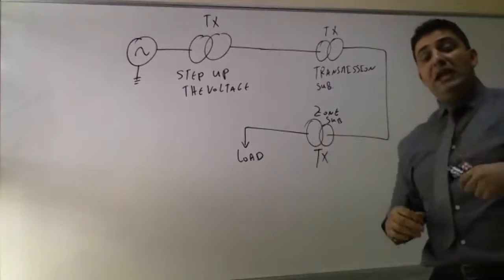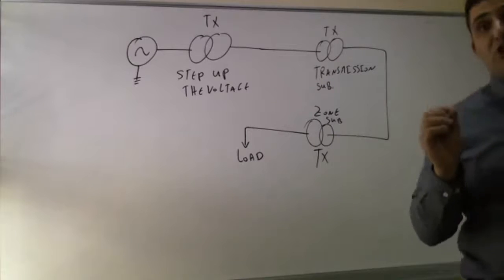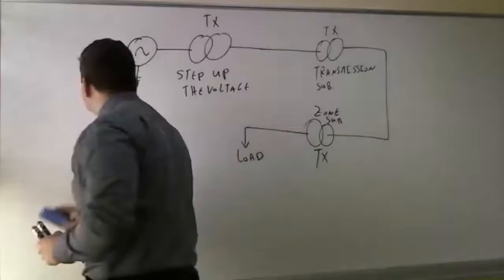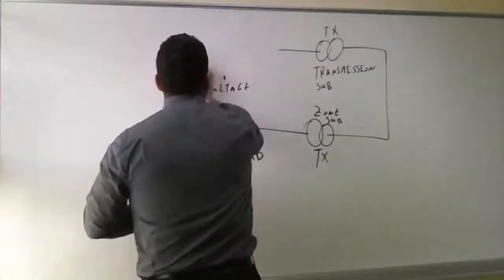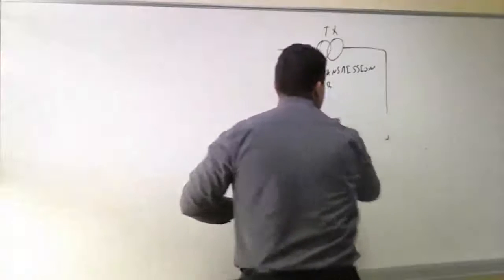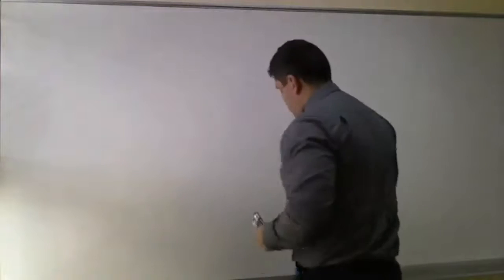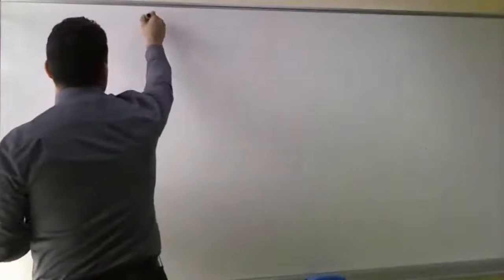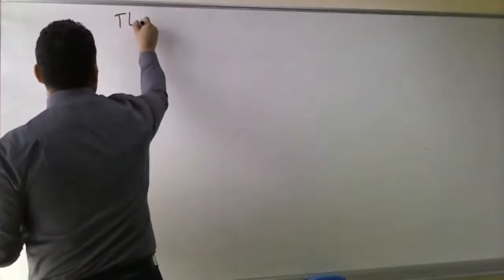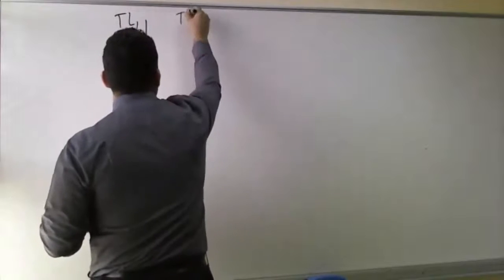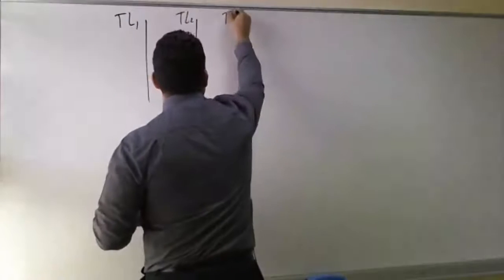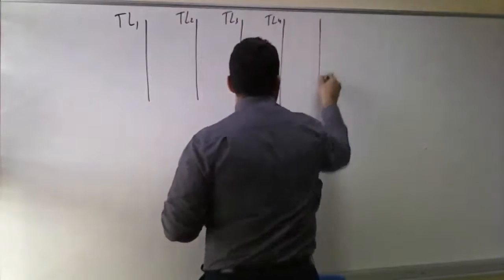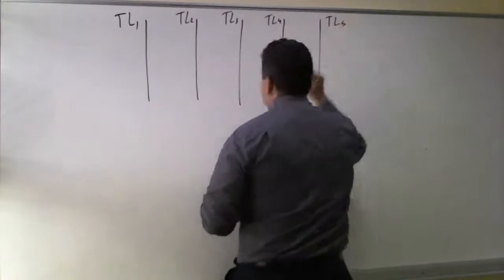Now, to show you an additional element why the transformer is very important is the following. I could have transmission line 1. This is transmission line 1. Transmission line 2. I could have transmission line 3, transmission line 4, transmission line 5.